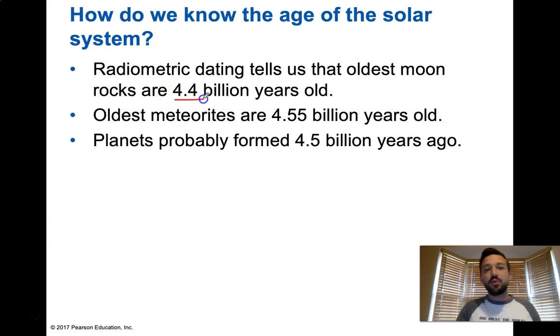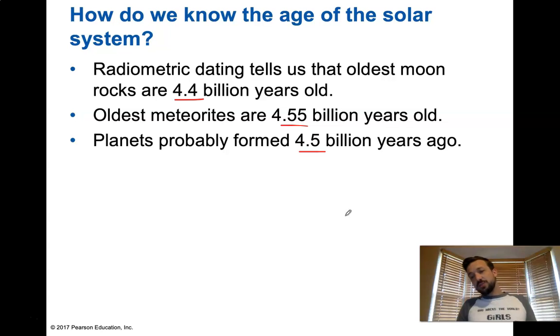They figured out the moon was about 4.4 billion years old. And then we did this with meteorites, and it came out to 4.55 billion years old. So that means that the planets were formed somewhere around that same time of 4.5 billion years ago. So that's how old our solar system is.